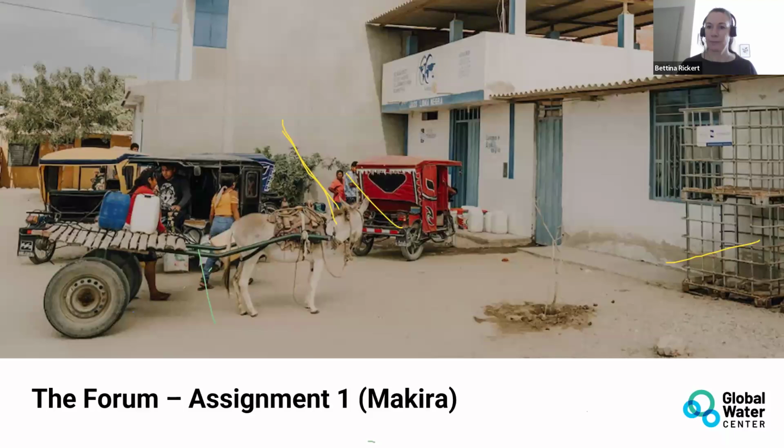Jessica and Bettina, I will come to you afterwards as well, but I want to see what people think. There was some great discussion in the forum, I know, in groups 1 and 2 on this, so I encourage those groups to look in. But any thoughts from the group? How would you convince a management committee or a community to shift towards preventative action?